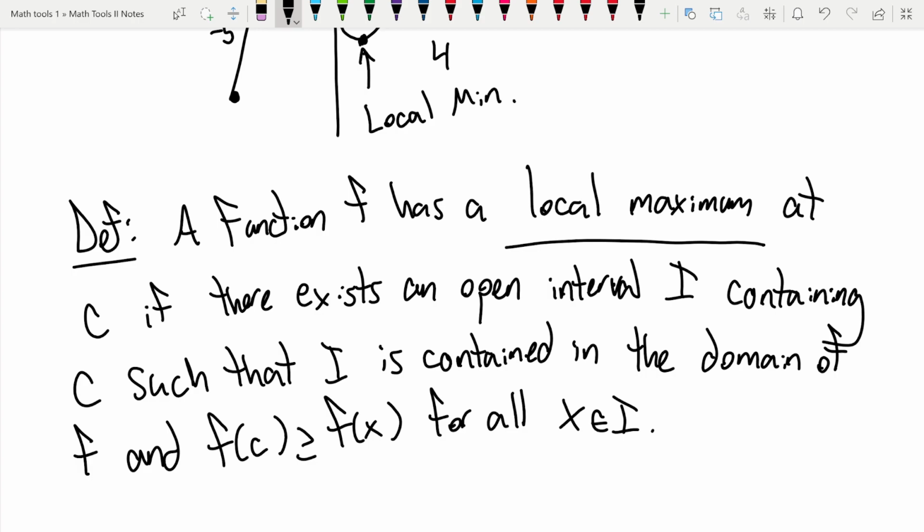And then you can just flip this around for a local minimum, right? f of c is less than or equal to f of x.